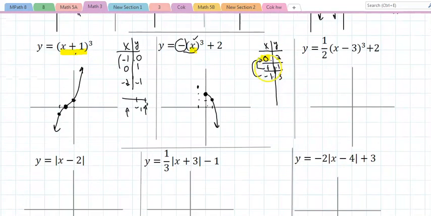So if you're not sure, you went to 0, you picked a point 1 and -1, go to 2 and -2 to see the pattern. Put a 2 in there. 2 cubed is 8. -8 plus 2 is -6. So do you see now?